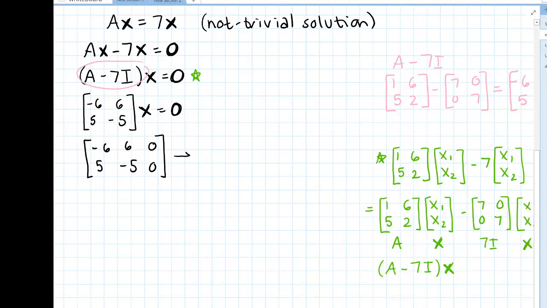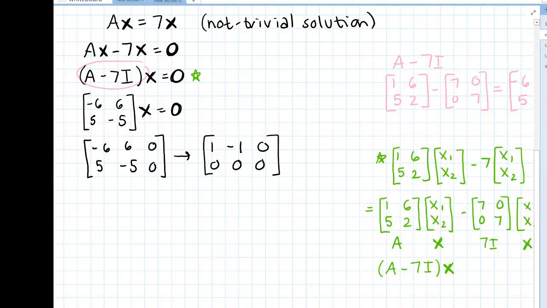If you reduce this, maybe by multiplying the first row by negative 1 and then adding the bottom row, I think that's how you get there, but I'll just write down the reduced version. This reduces to 1, negative 1, 0, 0, 0, 0.